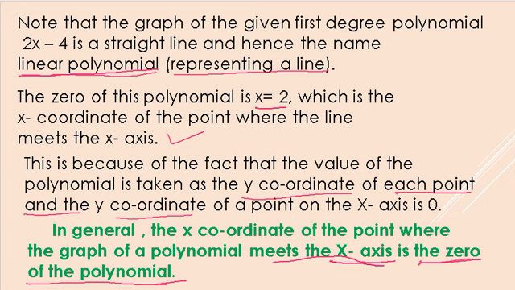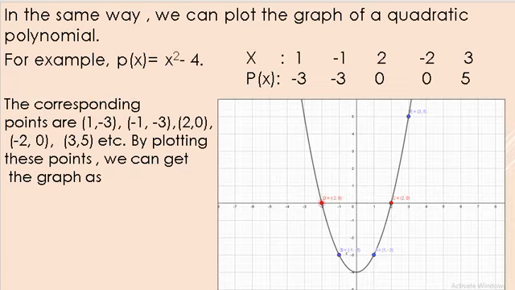Now let's see the next slide. In the same way, we can plot the graph of a quadratic polynomial. You know its degree is 2. For example, here you see p(x) equal to x square minus 4. One by one you take the values of x and we get the p(x) value here.